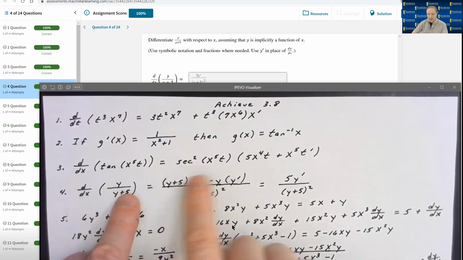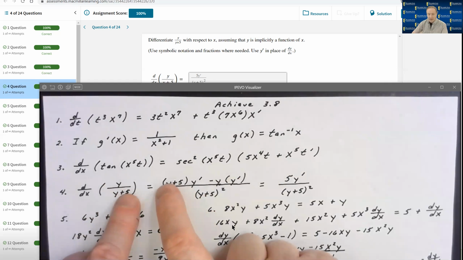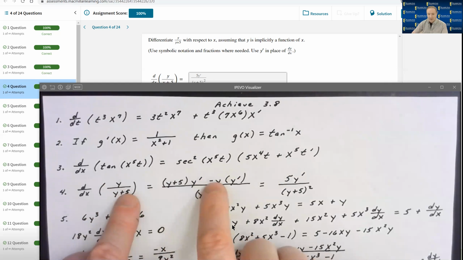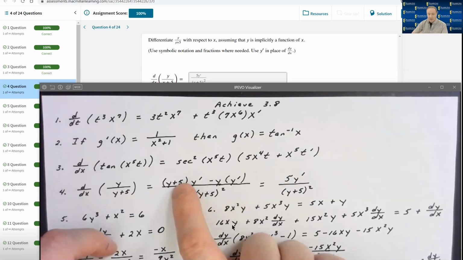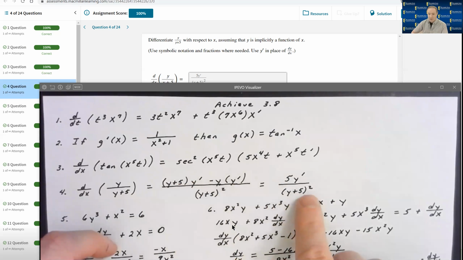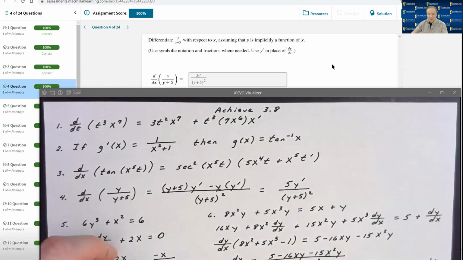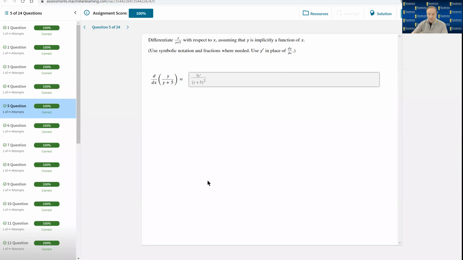So when I'm looking at what I have here, I know I'm going to have y times y prime minus y times y prime. Those cancel. And so my only term in the numerator that remains is 5 times the derivative of y all over y plus 5 quantity squared. And you can see that's what I entered in to achieve in this problem, and Achieve liked it.